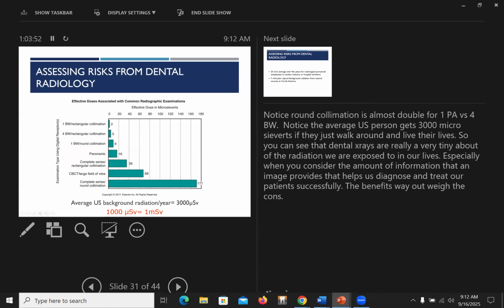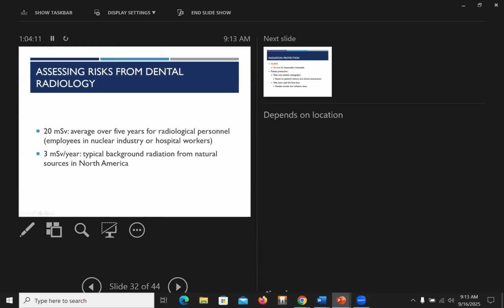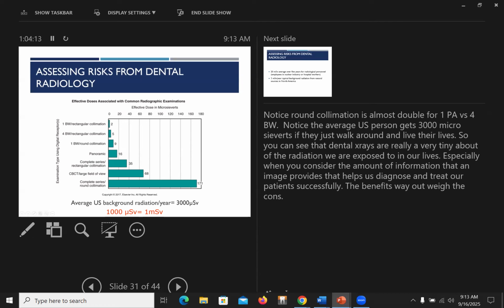So we're still talking about a tiny, tiny little dose, but you can see how much less one rectangular collimated X-ray is compared to a round. And a pano is a pano, you just get what you get. But when we're talking complete series, this is pretty crazy.